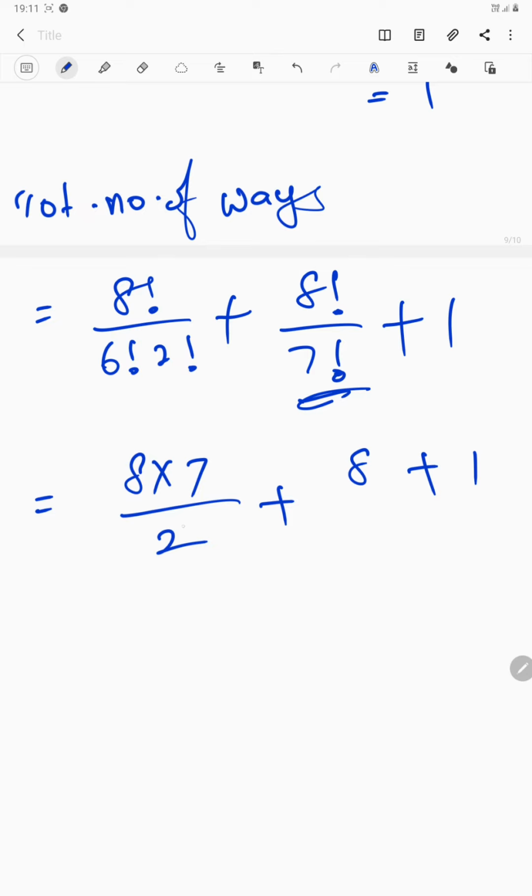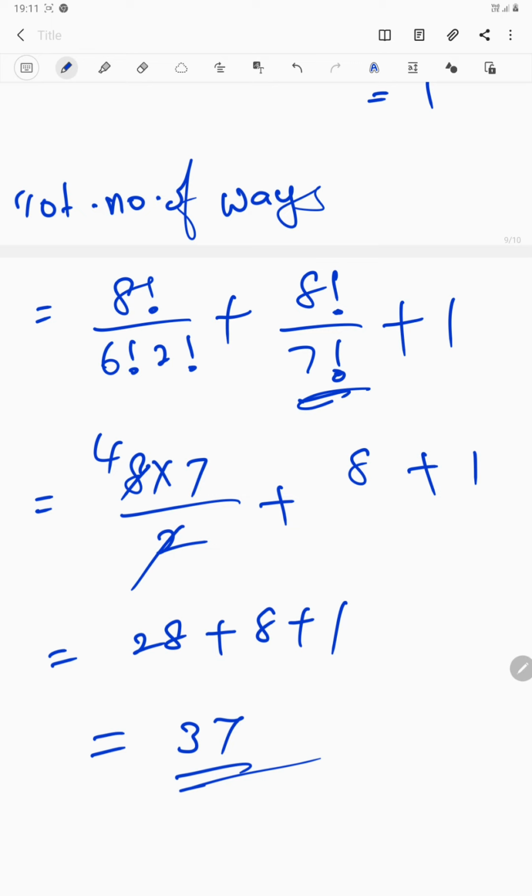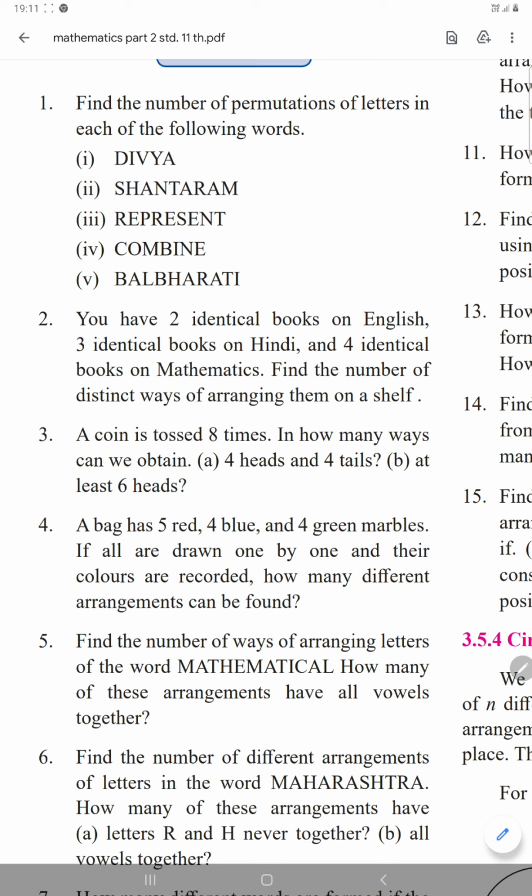So only 8, 2 ones, 2 fours. So 4 sevens are 28 plus 8 plus 1, altogether 37 different ways you are getting at least 6 heads. Got it? The next question.